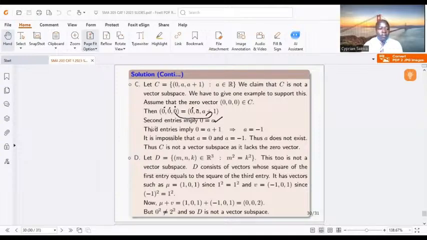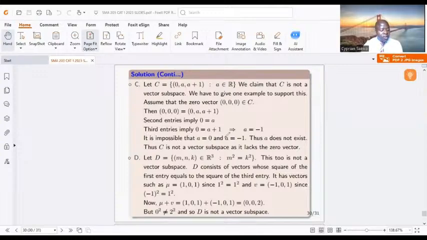So you cannot have the same a being 0 and at the same time being negative 1. If that happens, it means that a does not exist. You cannot have an a that is 0 and is negative 1 at the same time.